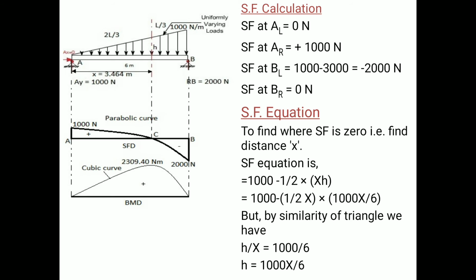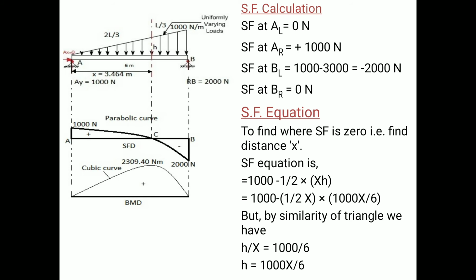How to convert it into point load? By using this formula, 1000 minus 1/2 into base into height. Suppose base is x and height is h, as shown over here, therefore we have 1/2 base into h. So by using this formula we have converted it into a point load.